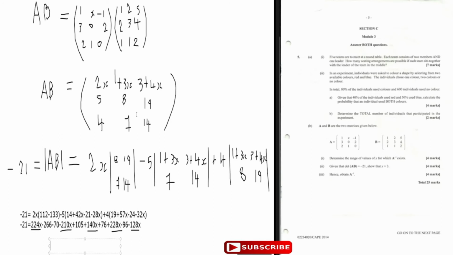That's 8, 9. That's good. Minus 5 times. This is fine as well. Plus 4 times. And this is good. So we're checking this now. It is 2x times. This time minus this.